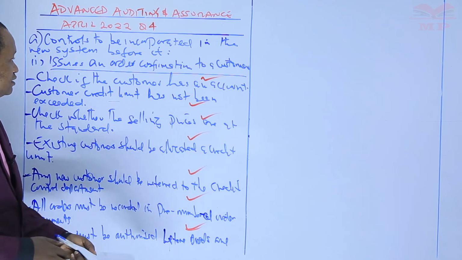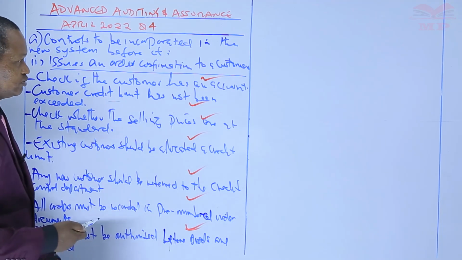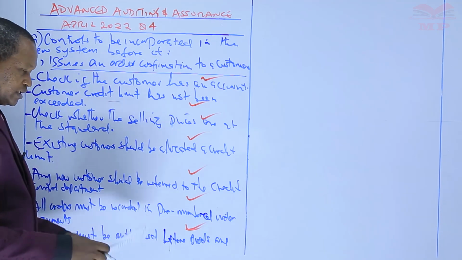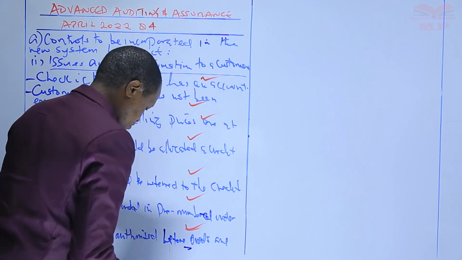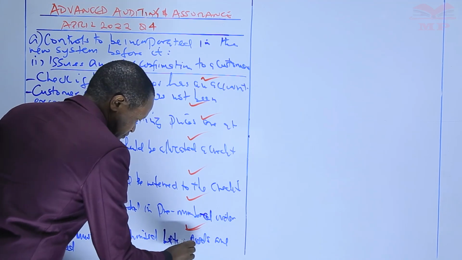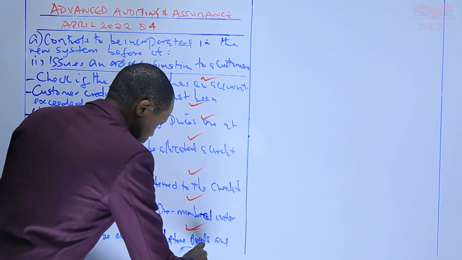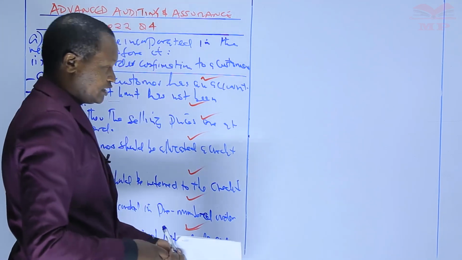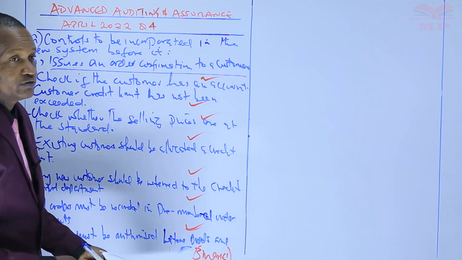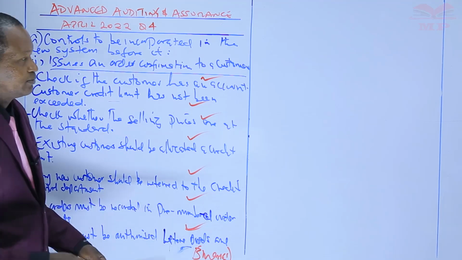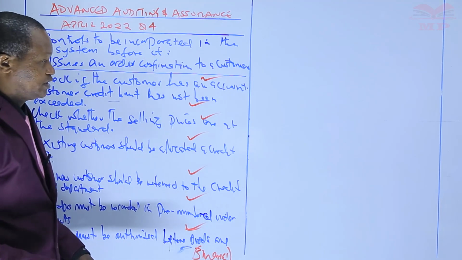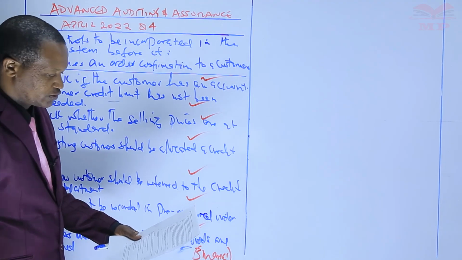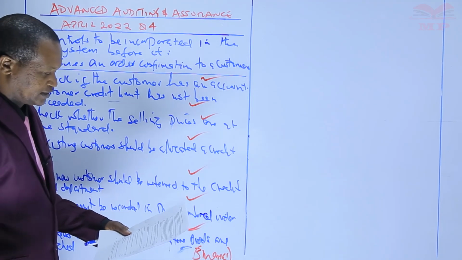Out of the 8, candidates who listed just 3 controls would earn the 3 marks. I listed many points for the sake of revision. In another paper, maybe the one you will do, you will be required to give 8 controls. Here, candidates were to give 3 controls to earn the 3 marks.